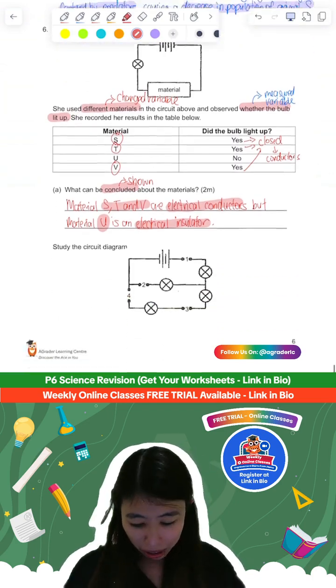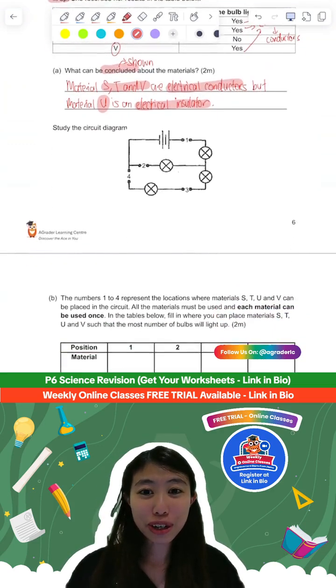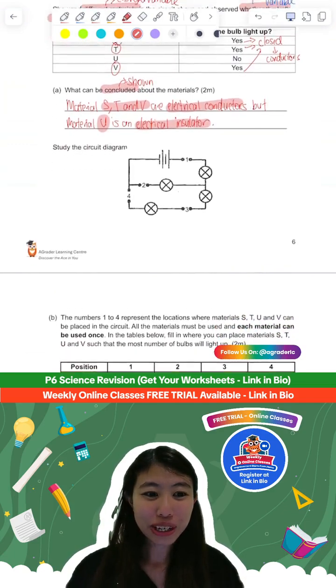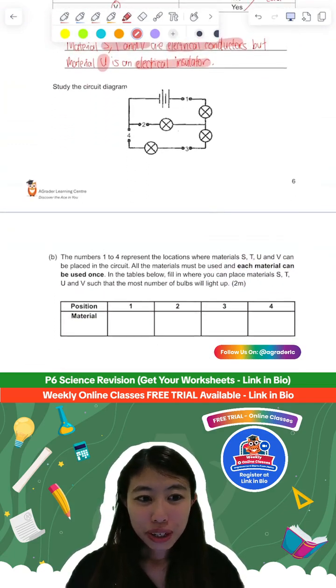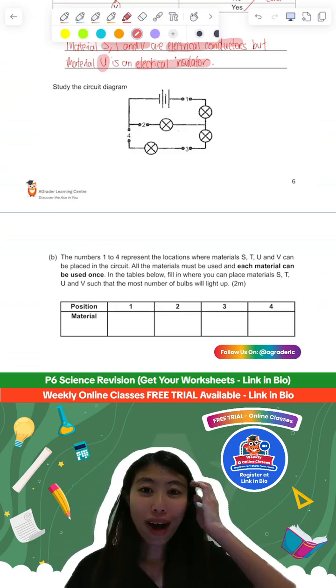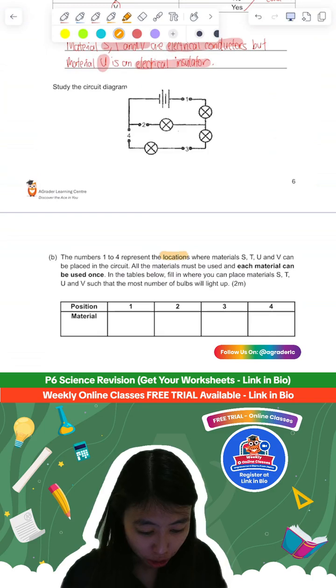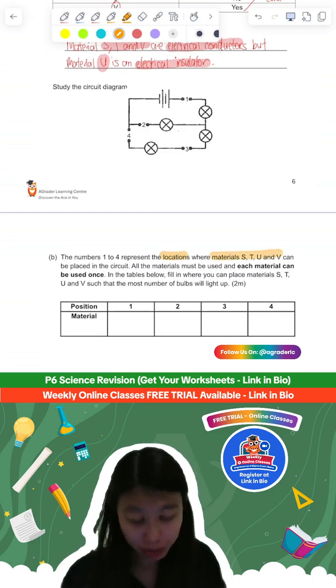Good. So let's look at this diagram. I have to show you this diagram first, then you can answer the question below. Let me go down a bit. The numbers 1 to 4 represent the locations where materials S, T, U, and V can be placed in the circuit.